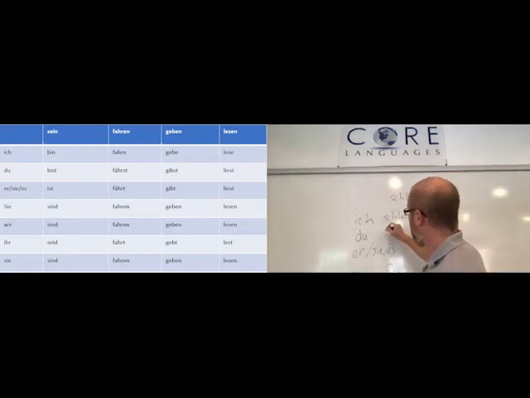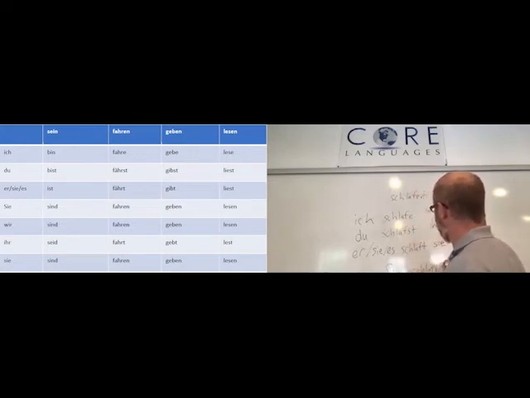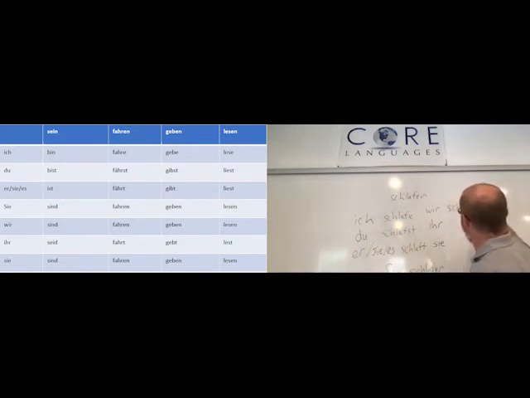E ending for the ich form. For the du form, it would be st. For er/sie/es, it would be t. And it would be en for sie and wir forms. And for the ihr form, we get schlaft.